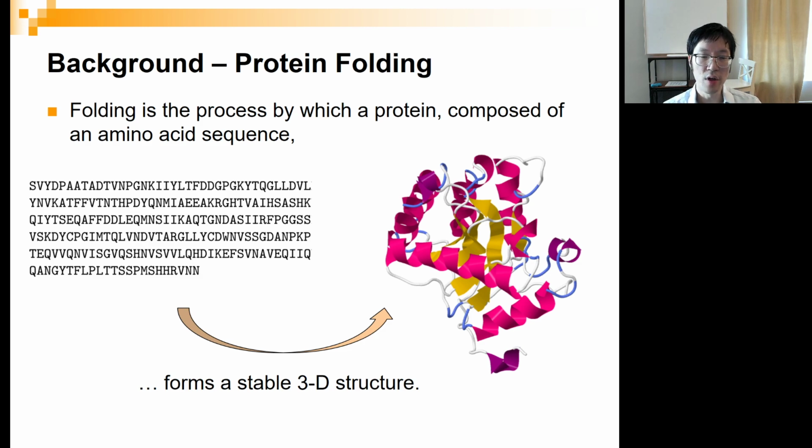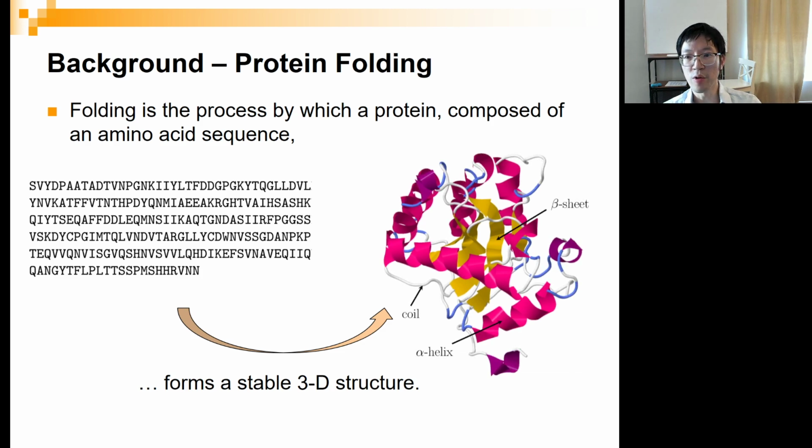Okay, so the key discovery by Anfinsen is that in most cases there is a direct correspondence. So anytime you see this sequence on the left, it folds into the structure on the right, and it's a stable structure. Now you see in this ribbon diagram, there's a few key features.